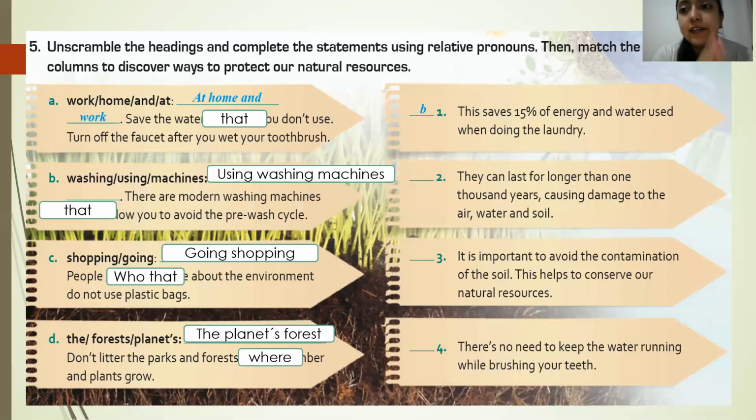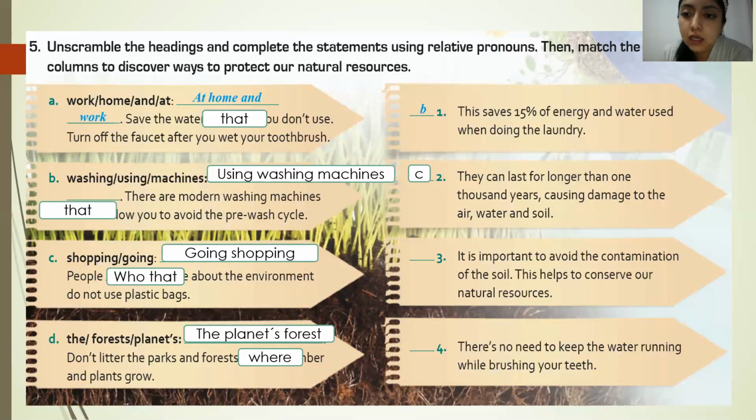Okay, this is the first activity, but in this activity you have to recognize the corresponding column. So number one says 15% of the energy and water used when doing laundry. The second is they can last no longer than 1,000 years, causing damage to the air, water, and soil. It is letter C, because we are going to talk about going shopping.